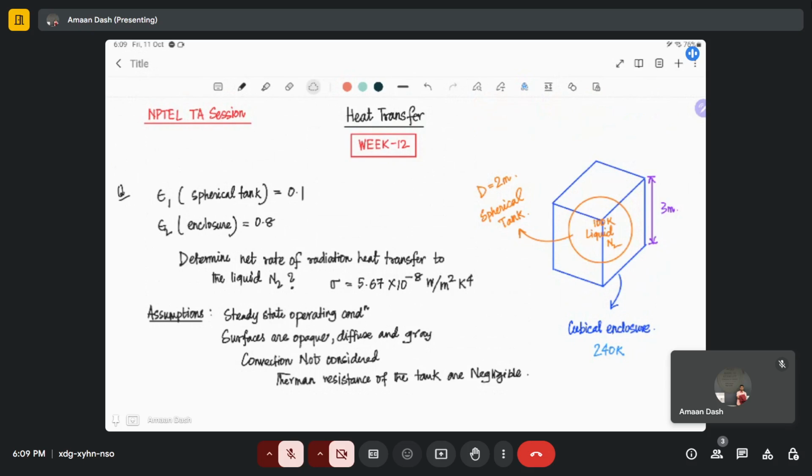Then we have surfaces are opaque, diffuse, and gray. And there is no convection. Convection is, let's say, not considered, so you have to work only with radiation.